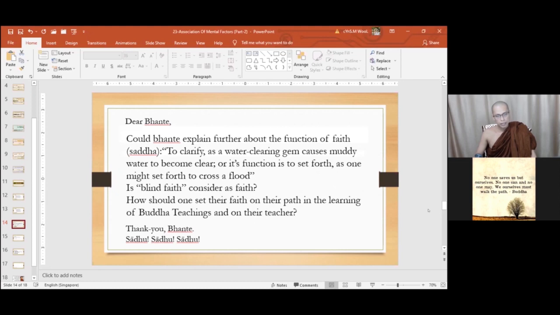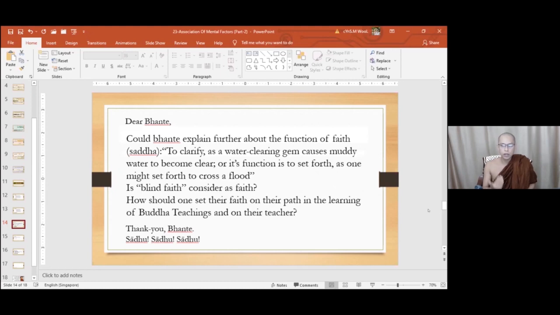So then blind faith is not considered as faith. Blind faith is not done properly, because faith in the Buddha, Dhamma, Sangha is understanding their nature, being able to focus on the virtue, the qualification, the goodness of the Buddha, Dhamma, Sangha, and also understanding the nature of karma and its result in that way.